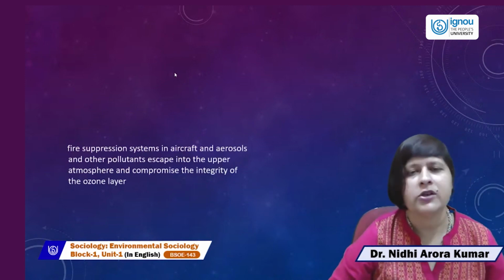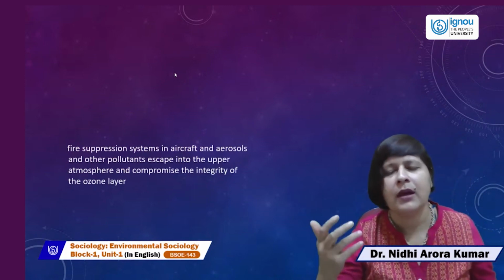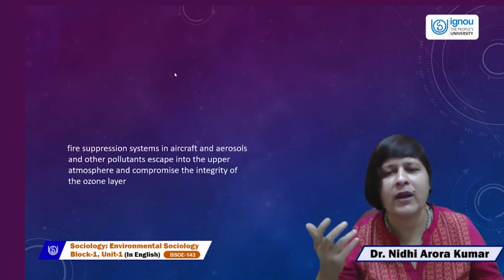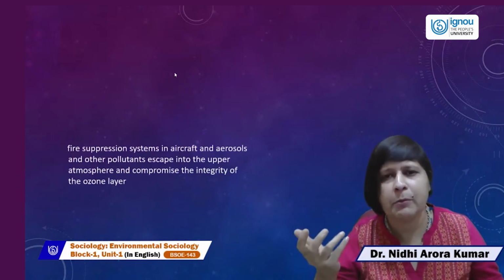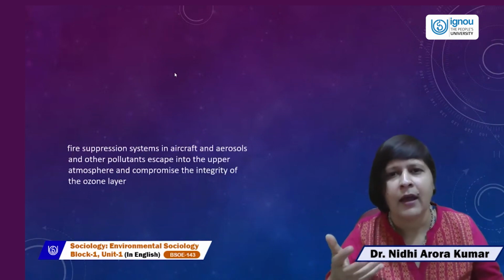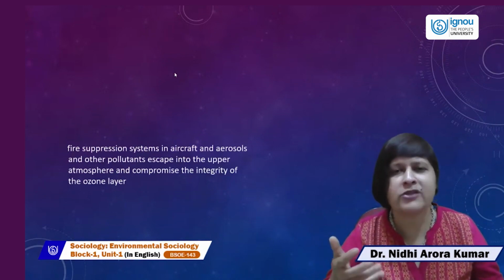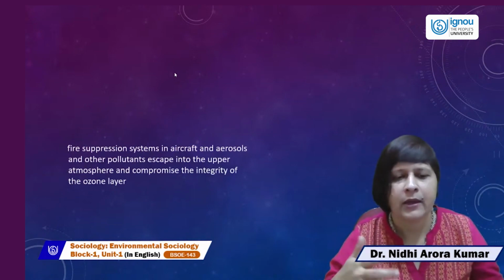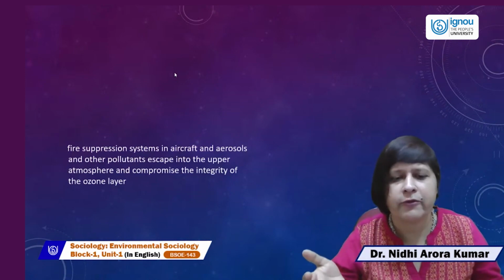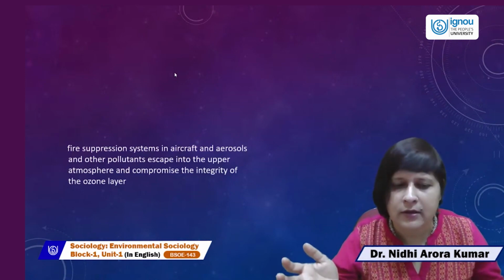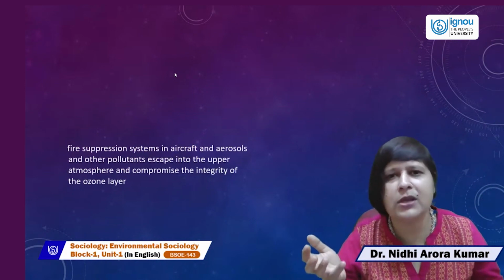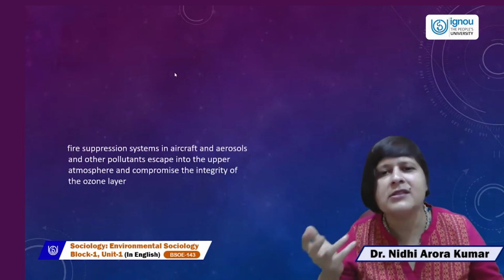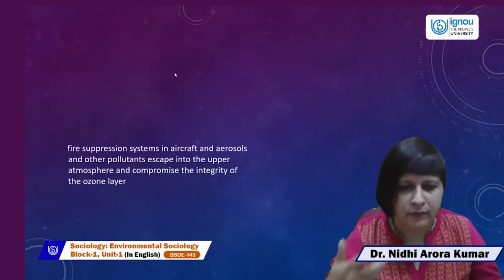the ozone layer. The ozone layer protects us from the dangerous ultraviolet radiation emitted by the sun, but because of extra human activities, that is when we use chlorofluorocarbons, gases used in refrigerators, air conditioners, aircraft and aerosols, these gases escape to the upper atmosphere, and this impacts the ozone layer.